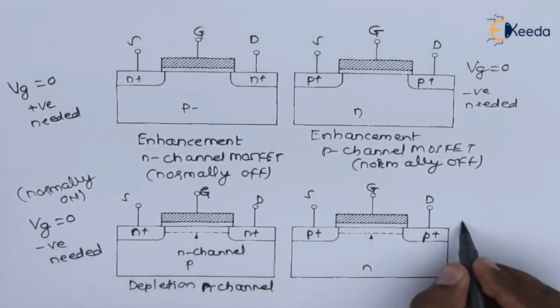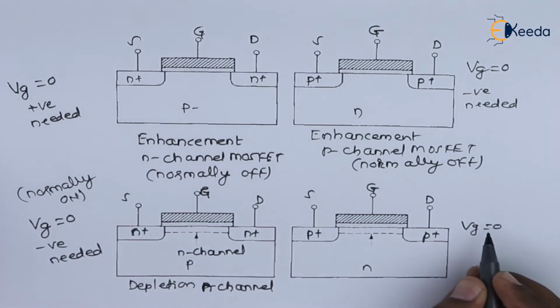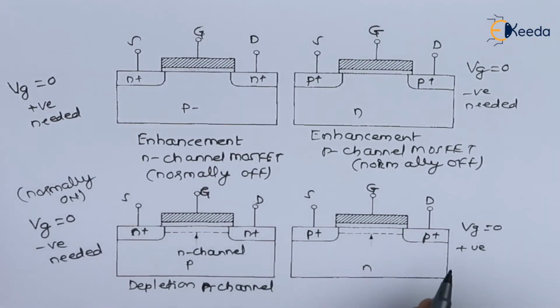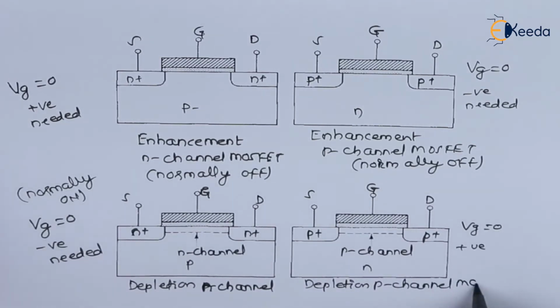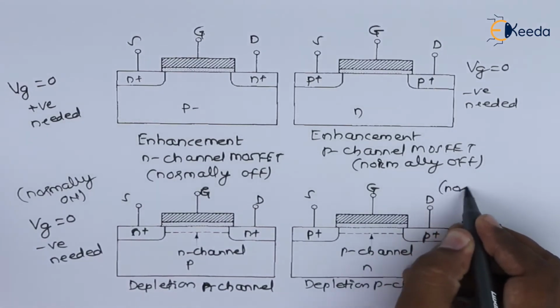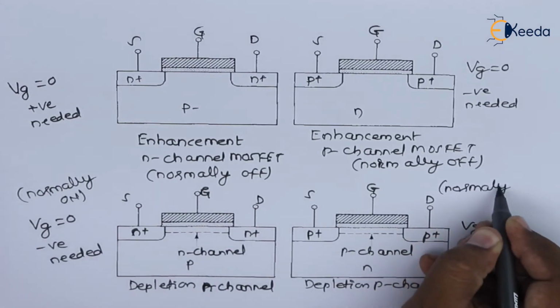Whereas when the Vg that it was initially equal to 0 is required to make positive, so that we can have the depletion here. So this is nothing but the P channel. So this becomes the depletion type P channel MOSFET, and here it is in the normally on condition.